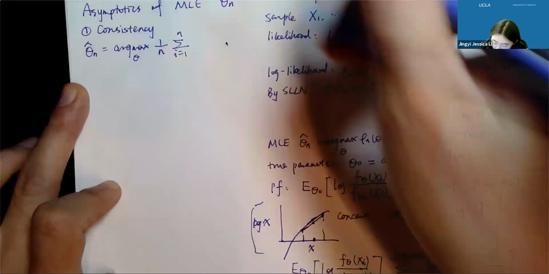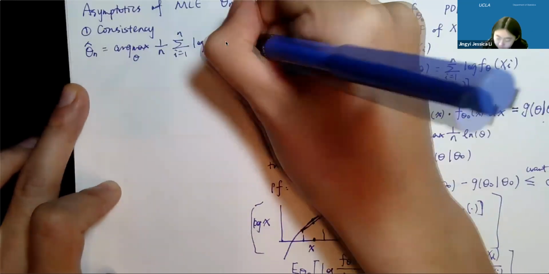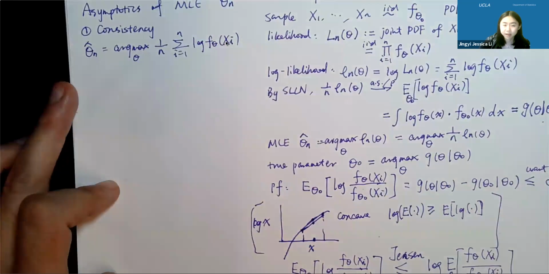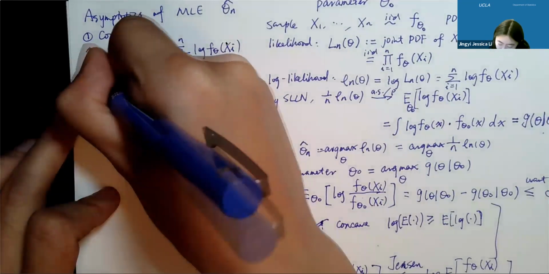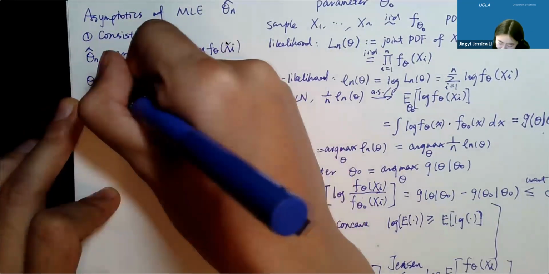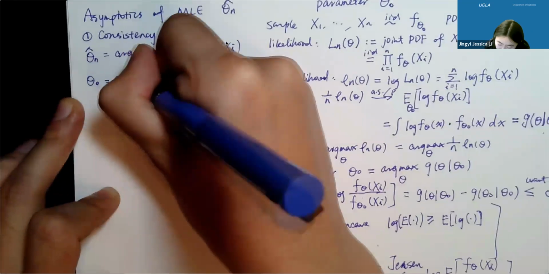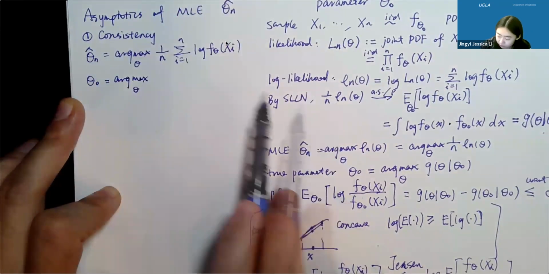I'm just writing out the original formula. That's my MLE. While this theta 0, the true parameter, is maximizing the expectation of that term.